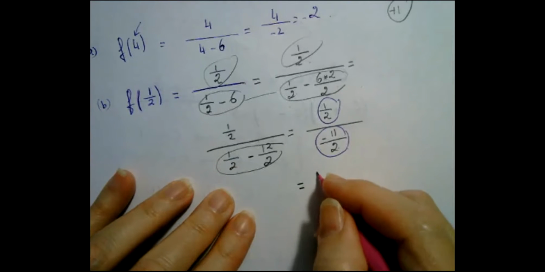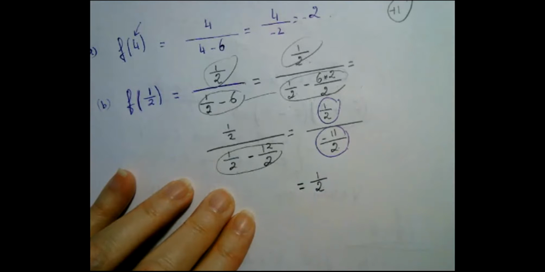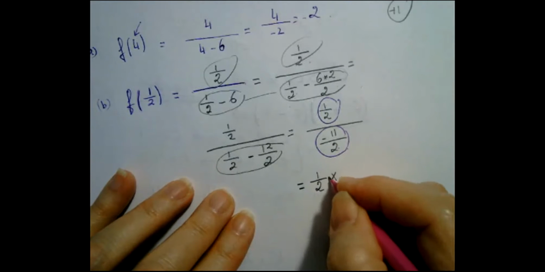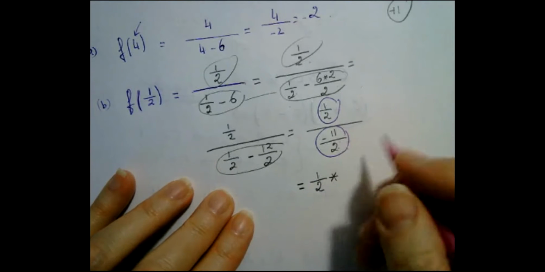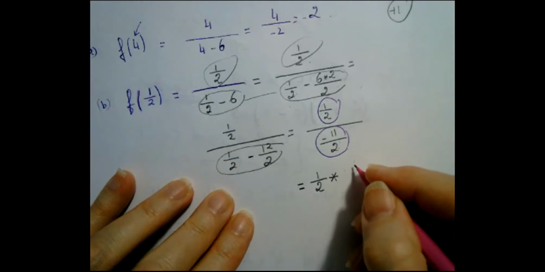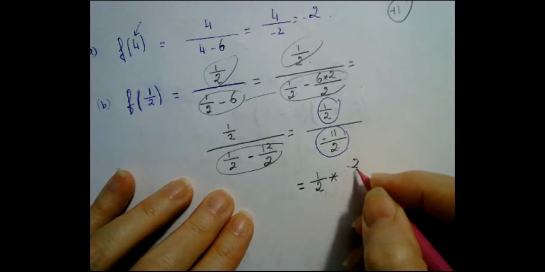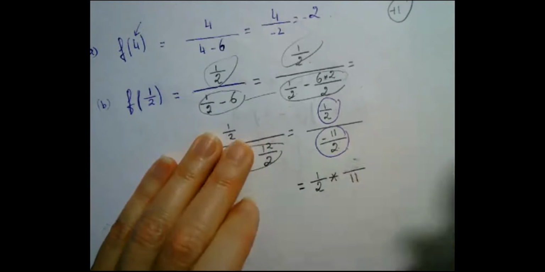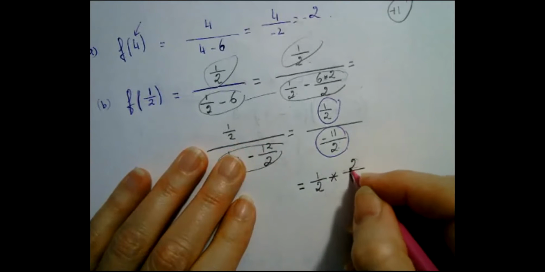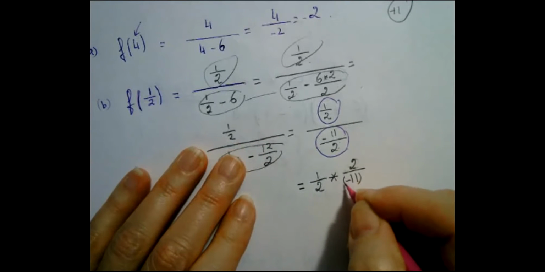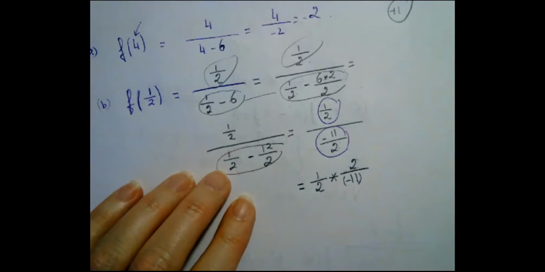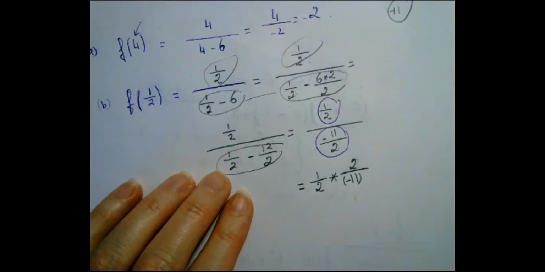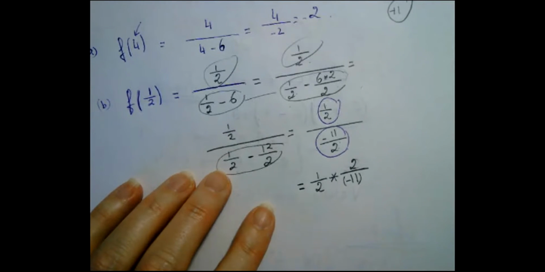The numerator is 1/2. What are you going to multiply it by? The reciprocal of that. So go ahead. 2 over -11. Oh, -2 over 11. It doesn't matter which one you put. 2 over -11 is really the same, but I'm going to put parentheses. Is that clear? That's how we divide fractions.